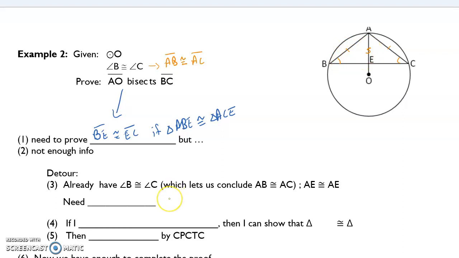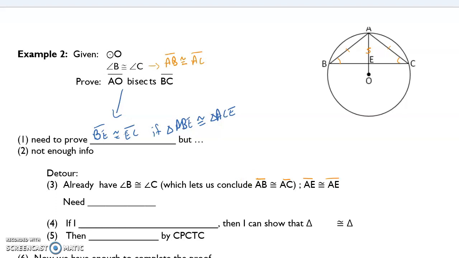Okay, so I need more. These are the three segments and angles that I know, but in order to make this proof, I need more. I don't have enough.